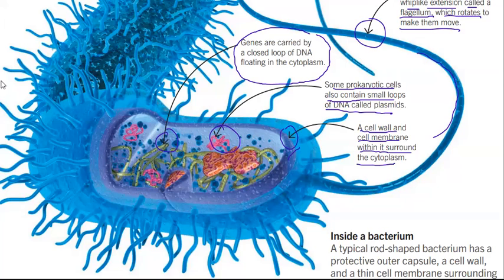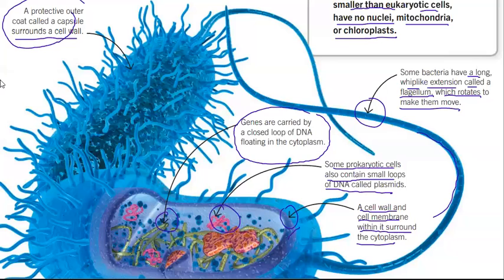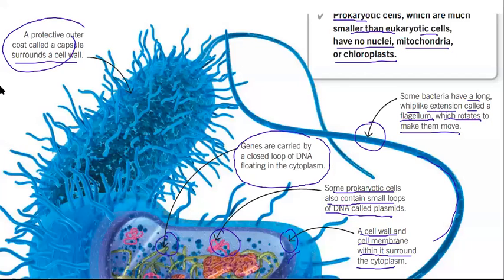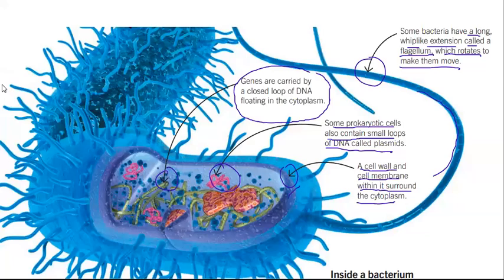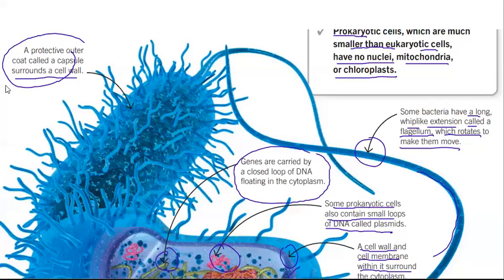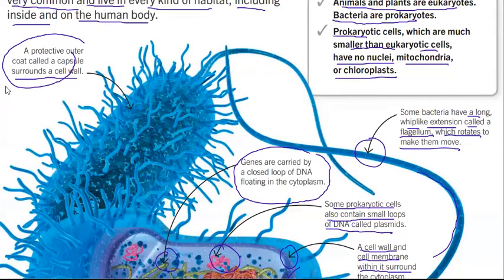So this is an excellent picture of this bacteria. Inside a bacterium, a typical rod-shaped bacterium has a protective outer capsule and a cell wall and thin cell membrane surrounding the cytoplasm. You can observe this. We can also take down notes from this.